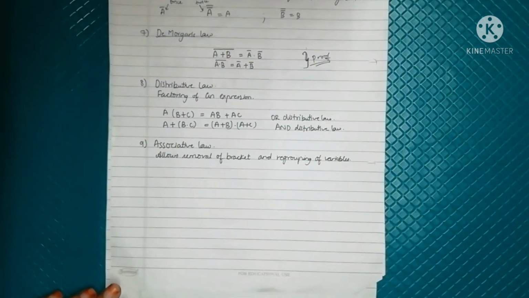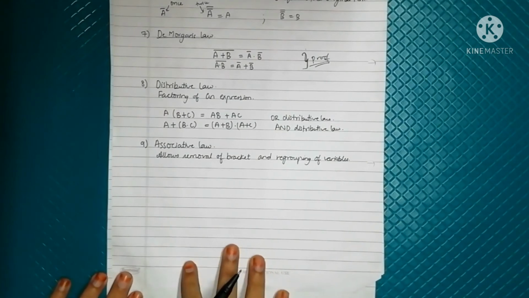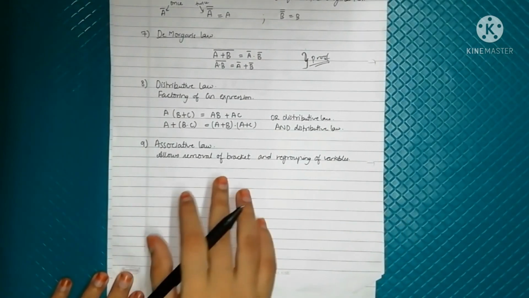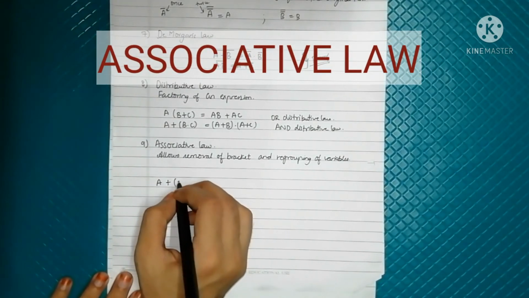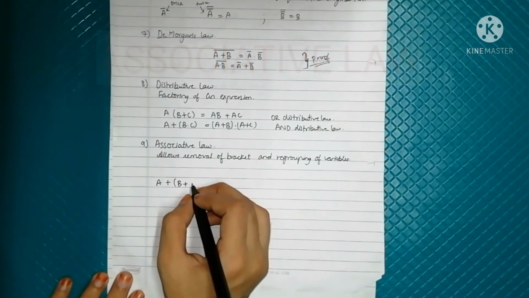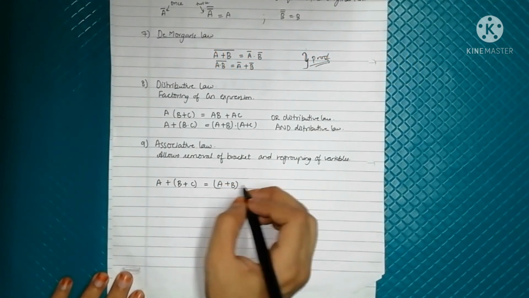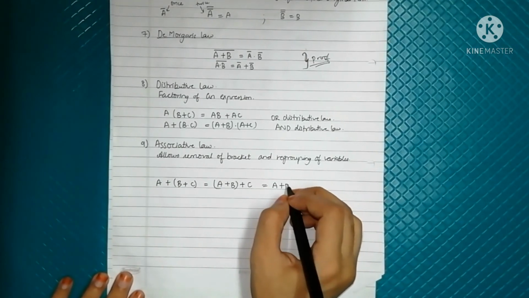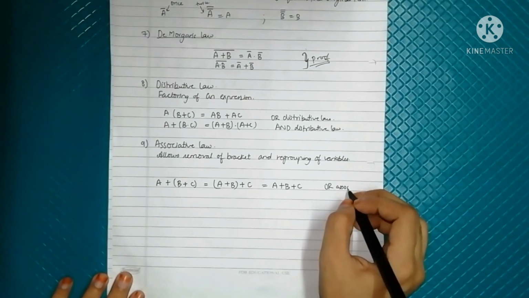The last law of today's video is the associative law. This law allows us to remove brackets and regroup variables in order to simplify the expression. So A plus bracket B plus C can be written as A plus B bracket plus C, and this can be written as A plus B plus C. This is the OR associative law.